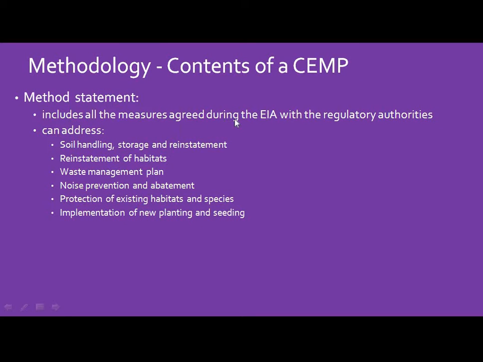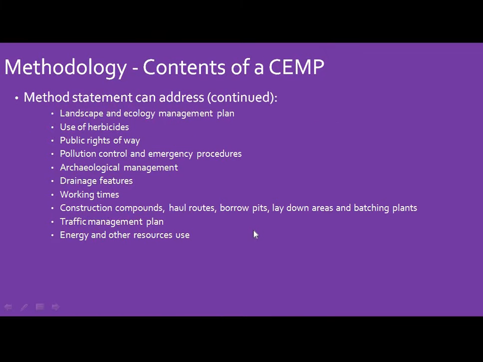The methods use all measures agreed during the EIA with the regulatory authorities. Whatever methods you propose in the EIA, agree on that and follow that. So it can address soil handling, storage, reinstatement of habitats, waste management plan, noise prevention and abatement, protection of existing habitat species, implementation of new planting and seeding. All the things are promised.